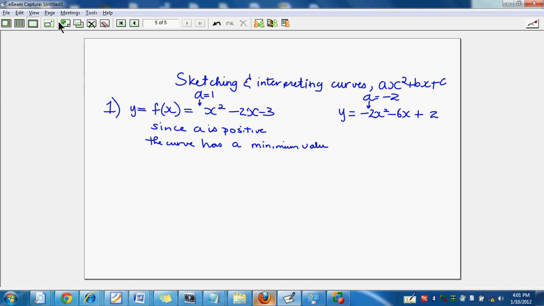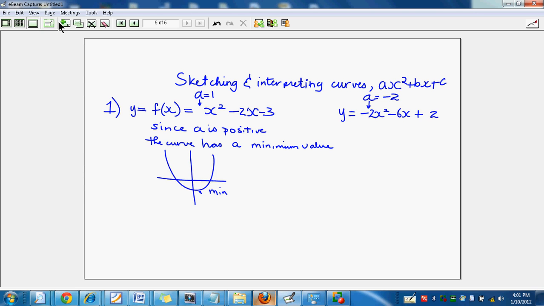So without drawing anything at all, you know what it has up front. So this curve is going to look like this. It's going to have a bottom point, a minimum point. A minimum point is going to exist.